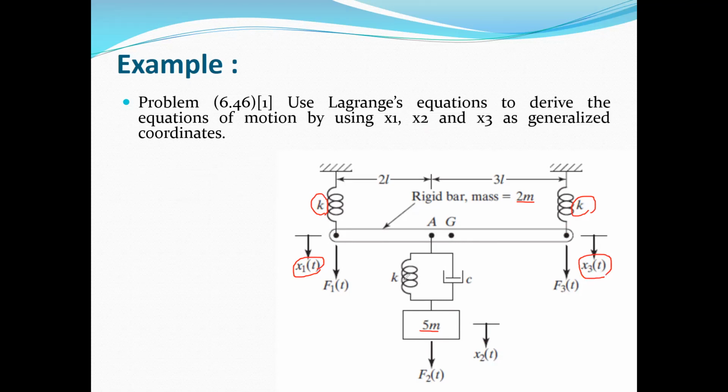And also we have one spring here with stiffness k, but the two ends of this spring are movable.